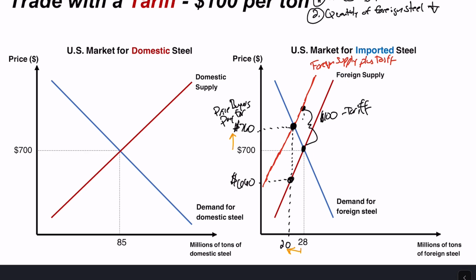And so we know way back when from one of our first modules for demand, if the price of a substitute goes up, so the price of foreign steel is going up, right? And then what happens to our demand for the other thing? Well, people are going to switch from consuming foreign steel and wanting to consume more of domestic steel in this direction here. And that means that we will have an increase in demand. So I'm going to get my prices right here.